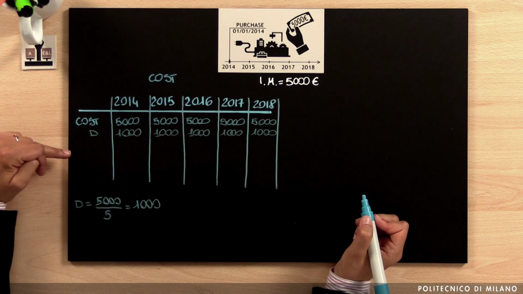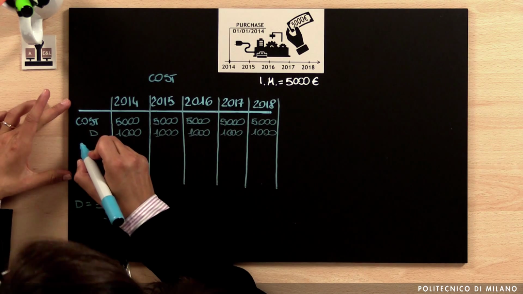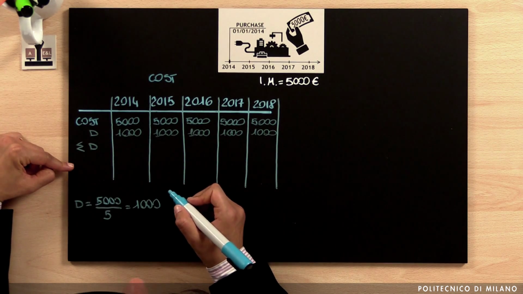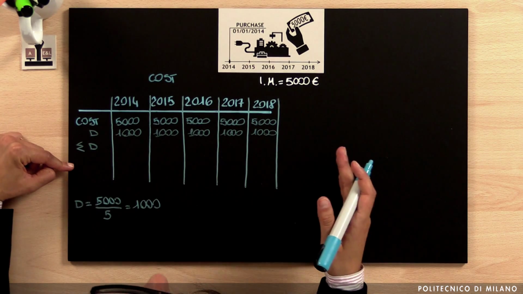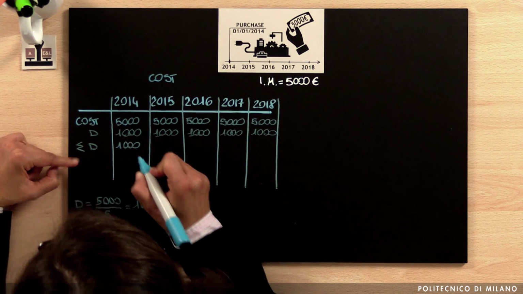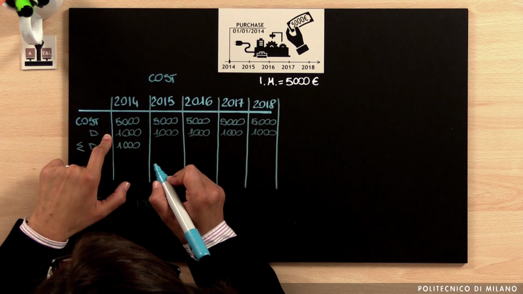Then, in order to calculate the value to recognize within the balance sheet, we need to identify the cumulated depreciation. The cumulated depreciation is simply the sum of the depreciations of each year. So we will have 1,000 euros, which is the depreciation of the first year.